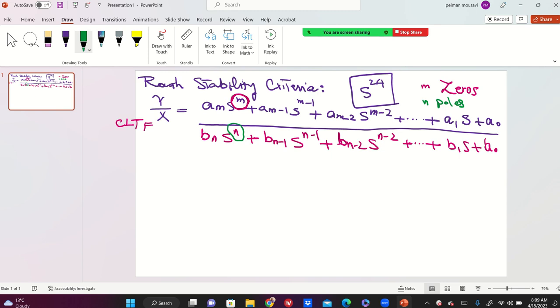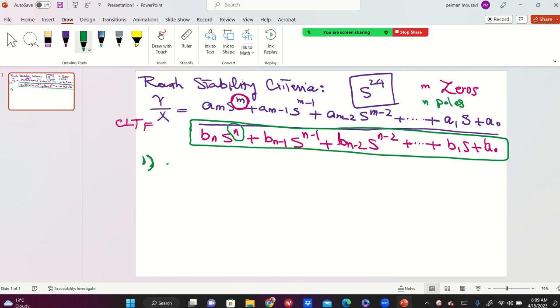So Roth stability criteria says, because remember that the denominator is the internal dynamics of the system and the numerator is the external dynamics of the system. So we have to evaluate the internal dynamics of the system to judge if it is stable or not. Roth stability says you have two conditions to judge the stability of the system.